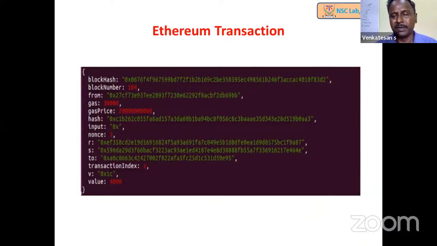So this is the sample transaction of the Ethereum. So we can see, it contains the block hash. So it refers to which block it is going to be added to, and what the block number is, who is making the transaction, and to whom it is going, and what the gas price is, because in Ethereum, gas is the one used to control any kind of looping attack or infinite looping attack.